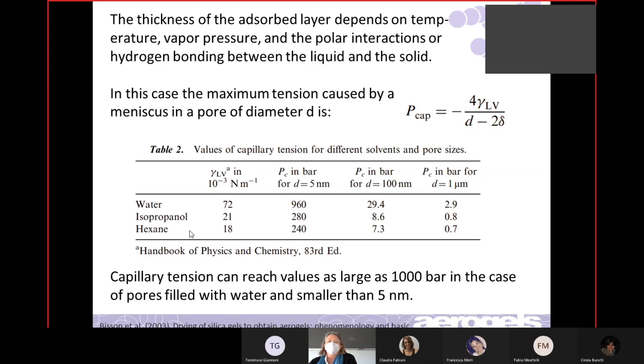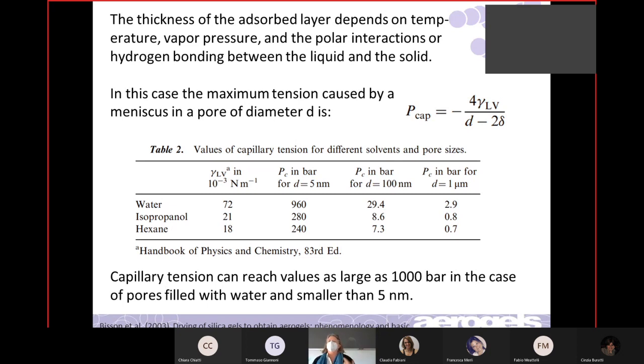For example, if you have pores in your structure that are 5 nanometers, which is the size of what the aerogel structure has, or the wet gel structure has, filled with water, your capillary tension can reach 1,000 bar. So a bar is an atmosphere. So 1,000 atmospheres, which is very, very high, right? So that's the challenge. When that force pulls on the structure, it breaks it. And so we have to be able to reduce that.